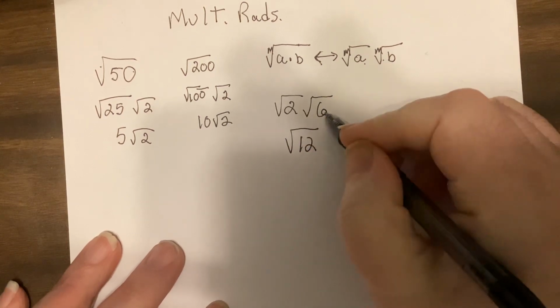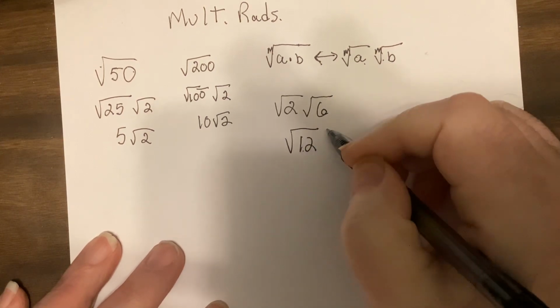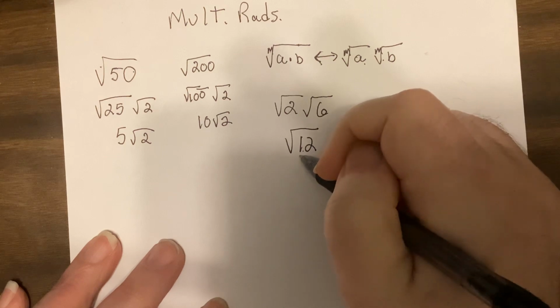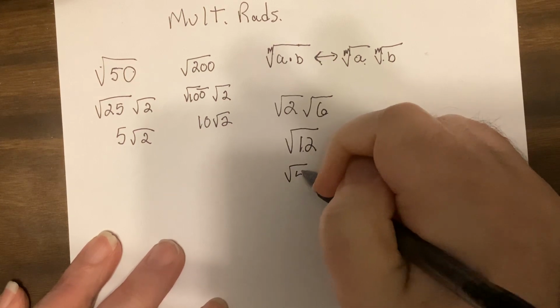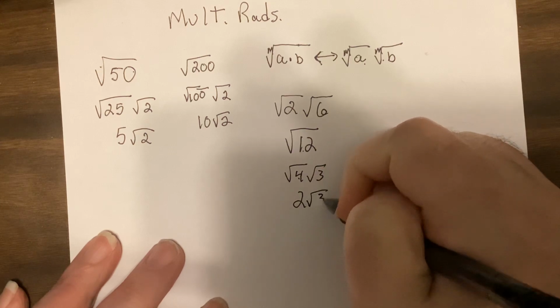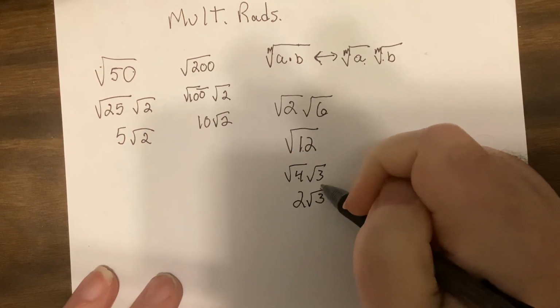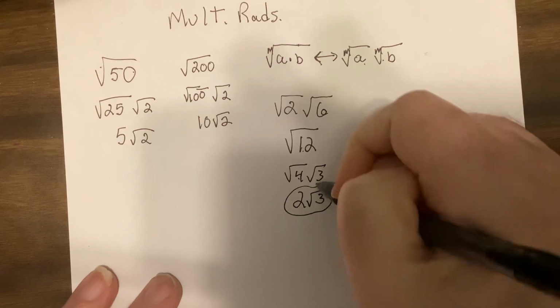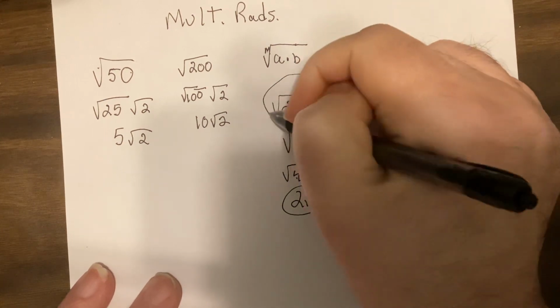So 2 times 6 is 12, square root of. Then I would simplify it, 4 and 3. So square root of 4 is 2. So in the math world, this is considered more simplified than this.